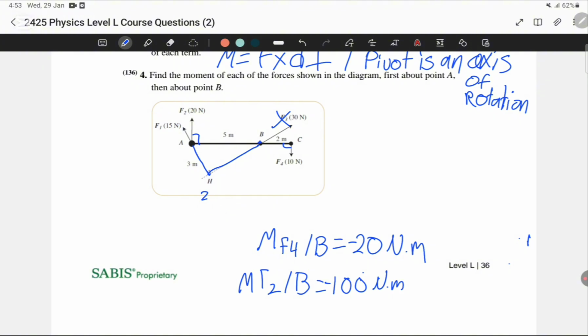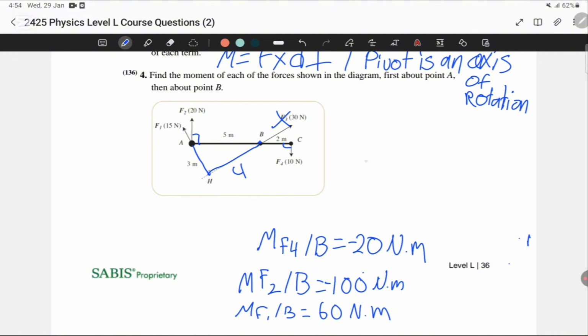So HB is 4. So the moment of force 1 on B is going to be equal to 15 times 4, which gives us 60. So it's going to be 60 newton meters.